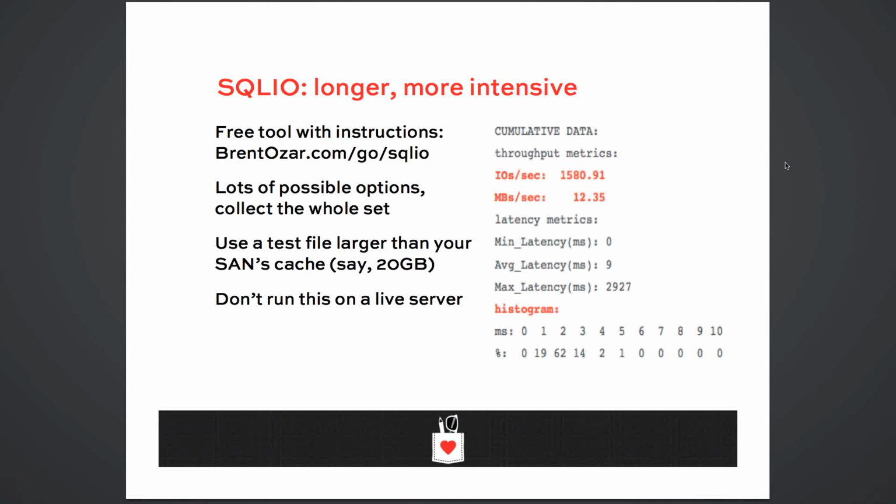But I will tell you, what if your SAN admin was a real jerk? And what if you knew the SAN was slow and you could take a maintenance window where you could run your tests, where you stopped SQL Server, made sure you didn't have any production databases running, and then ran this test?